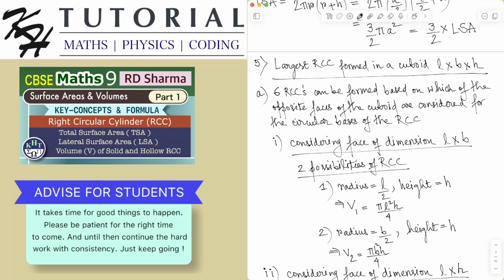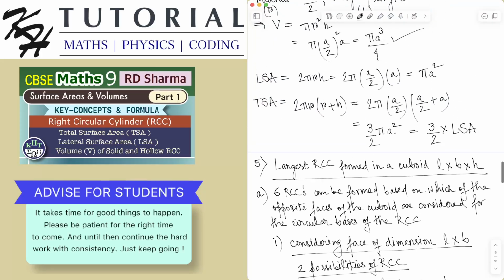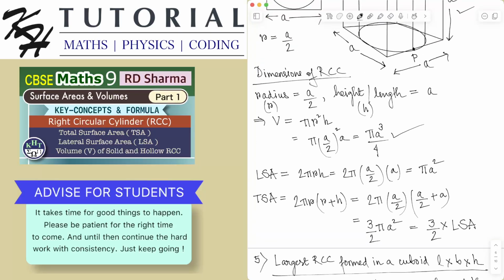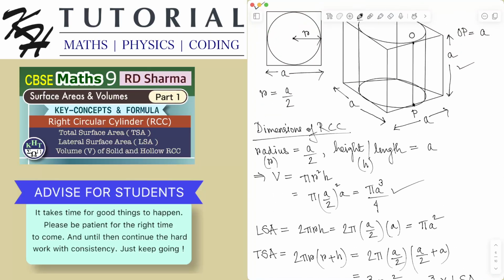This concept, the fifth one, is a little complex. The earlier one was what will be the volume of the largest RCC that can be cut out from a cube of given side length.